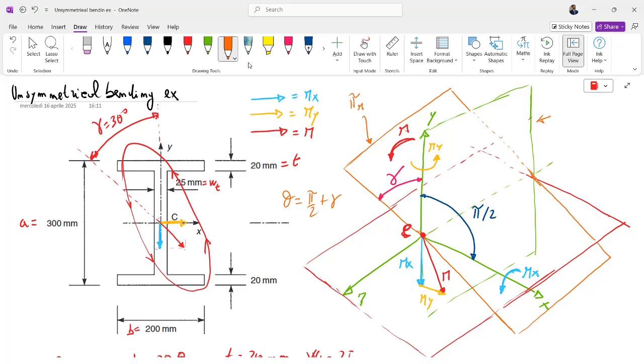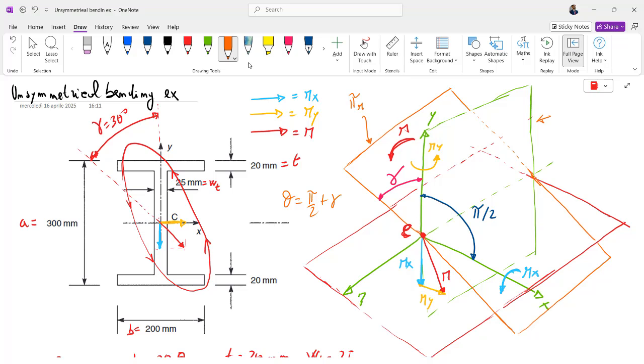In this case, the projections are Mx in the light blue arrow and My in the yellow pen. So we can also note the direction of Mx and of My. You can now understand if these two components are negative or positive.